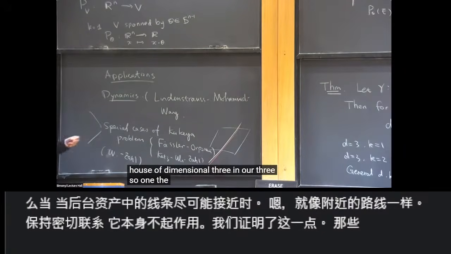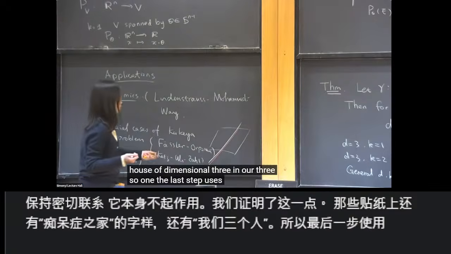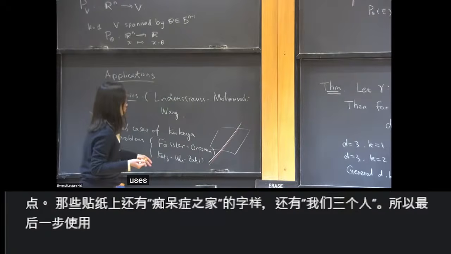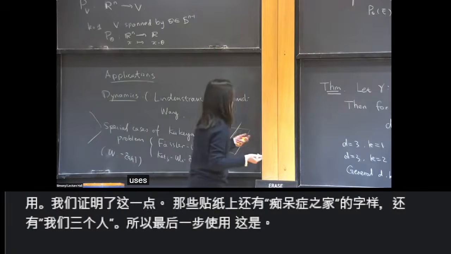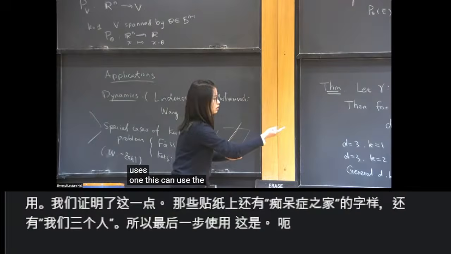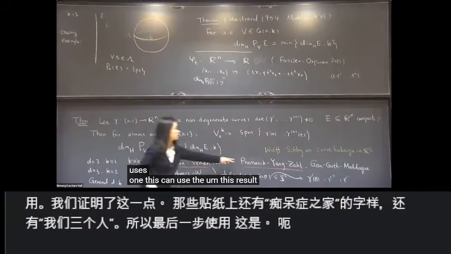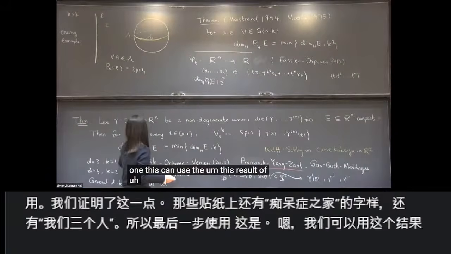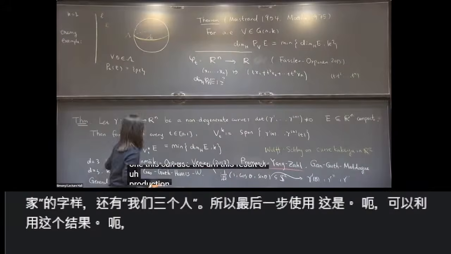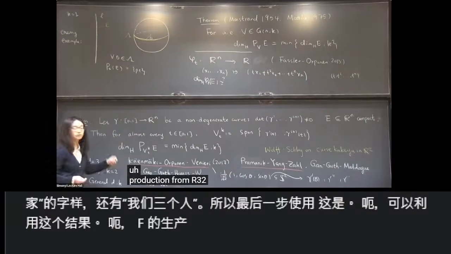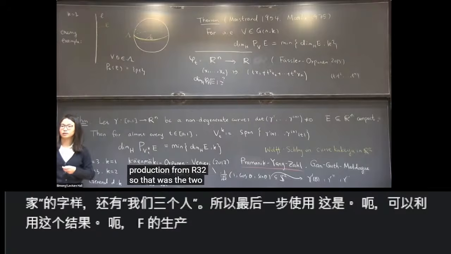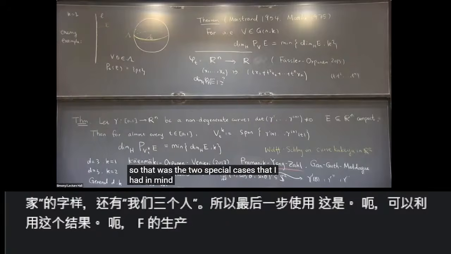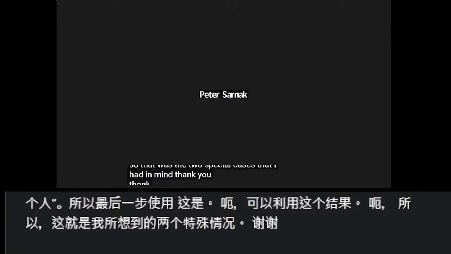The last step can use this result, the restricted projection from R3 to R. So those were the 2 special cases that I had in mind. Thanks. Okay, thank you for the question.